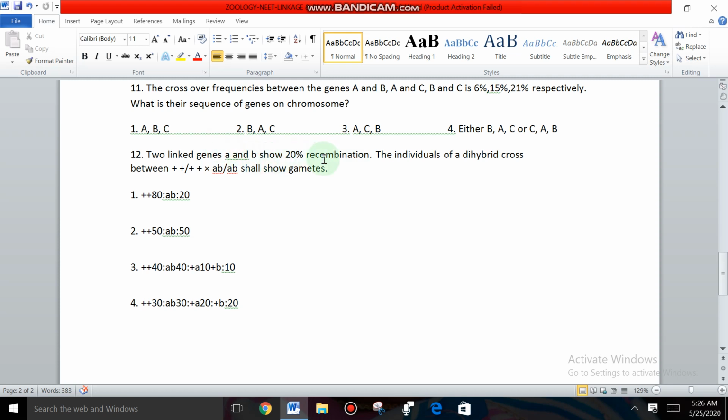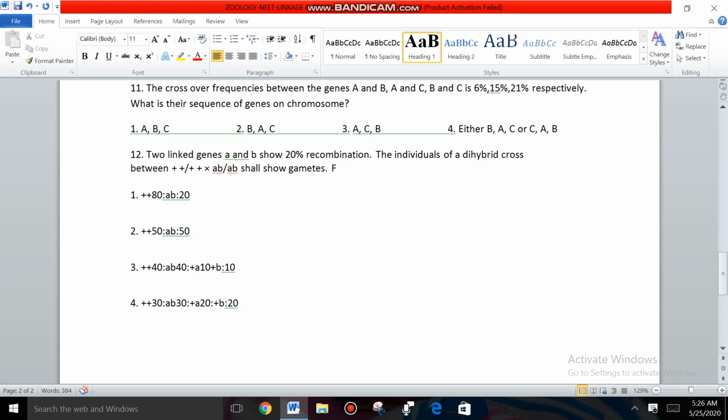Small a small b show how much percent recombination? 20%. 20% means how many map units? 20 map units between A and B. So the individuals of the dihybrid cross between plus plus and AB AB shall show gametes. So what types of gametes are shown in F1?